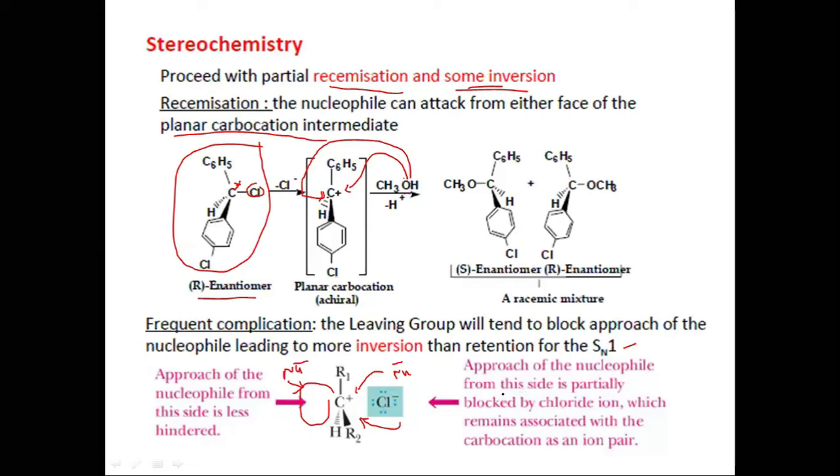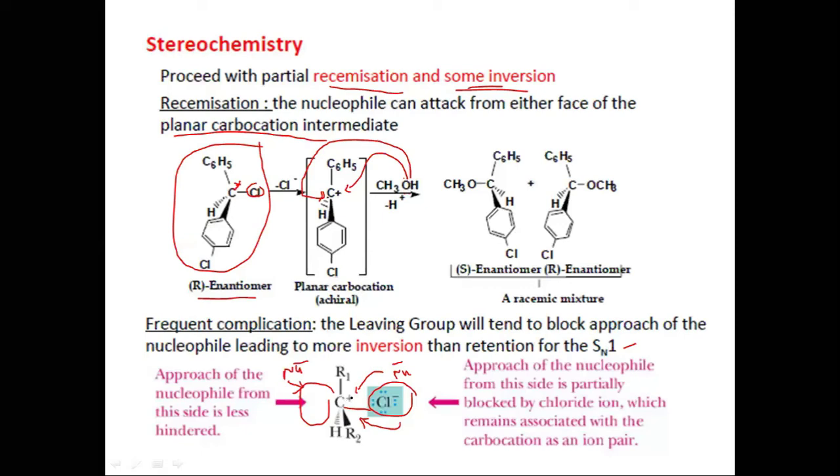The approach of the nucleophile from this side is partially blocked because of the Cl minus, which remains associated with the carbocation as an ion pair. Because during the dissociation of the carbon and Cl bond, even though the bond between C and L breaks, it does not immediately give free ions like the carbocation and Cl minus. For a while, it will be in the form of an intimate ion pair.